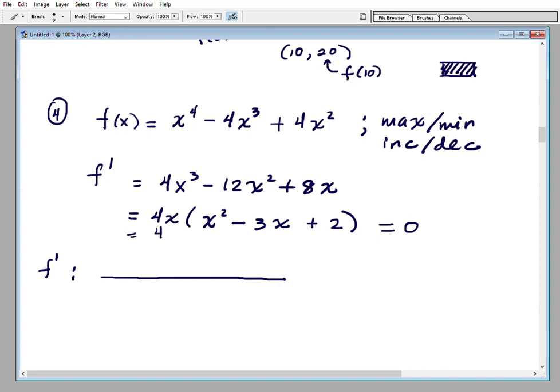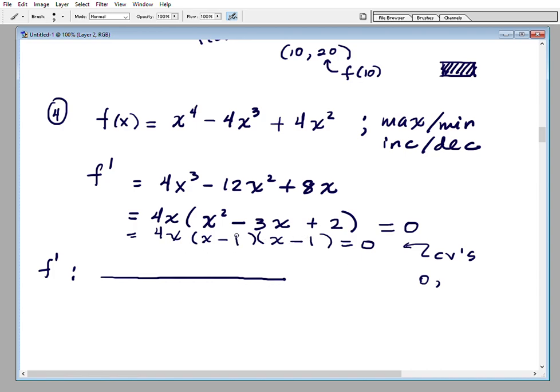Okay, I'm going to factor this. Right here, this factors x minus 2, x minus 1. So from this we get critical values, 0 from here, 1 from here.